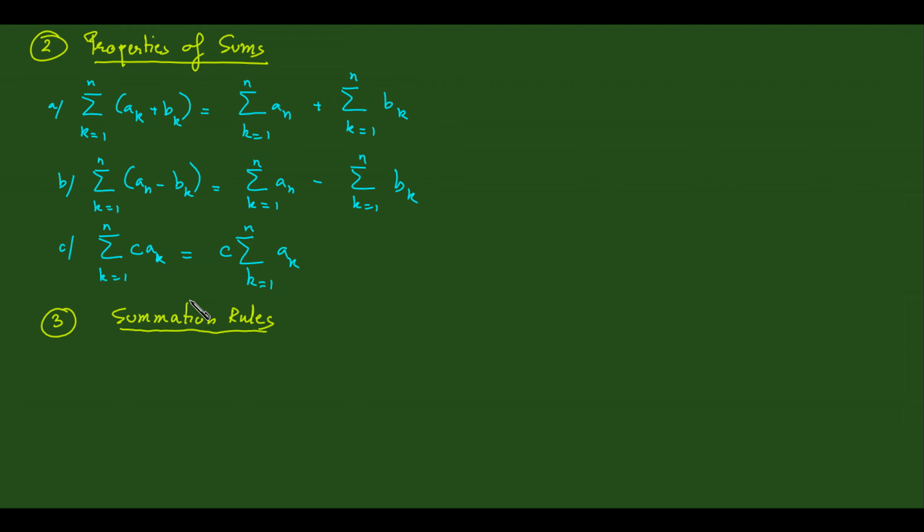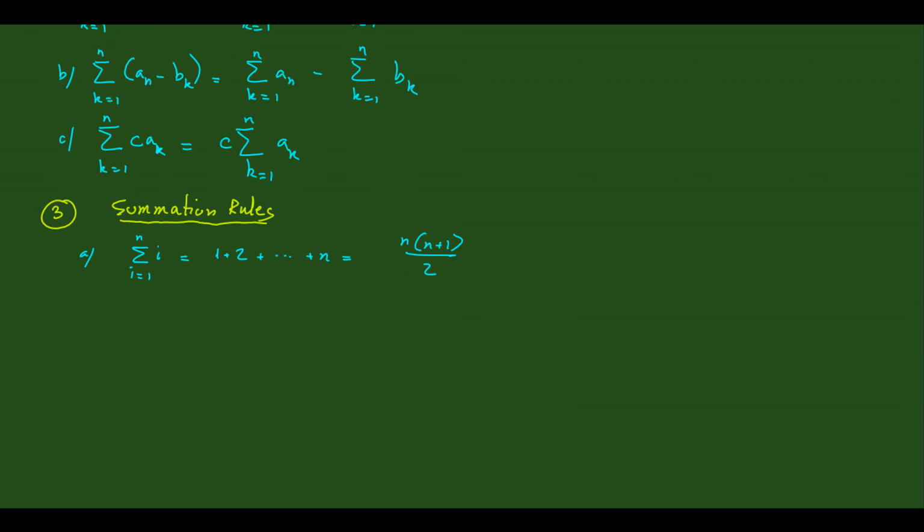The first rule is, if we have sigma notation from i equal 1 to n of i, then it equals 1 plus 2 plus up to n, which equals n times n plus 1 over 2. So you add all the numbers and you can use this formula to find the sum.